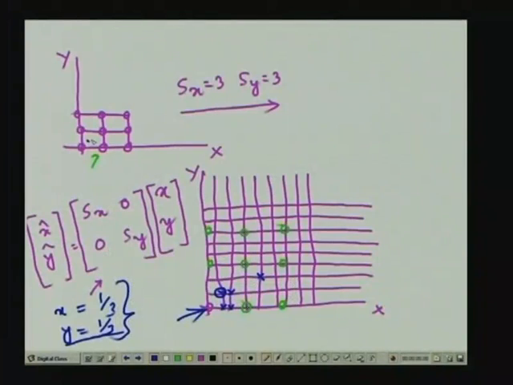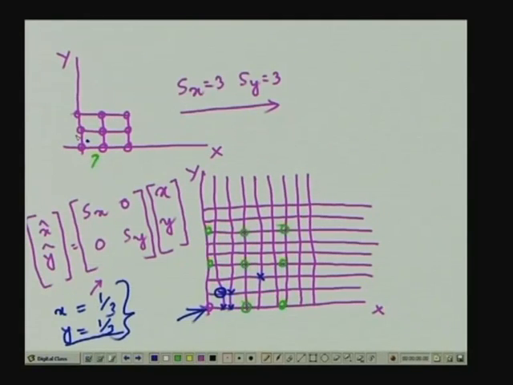So, in the process of sampling, whatever value was there at location 1 upon 3, 1 upon 3 in the continuous image, that information is lost. So, in the digital image, at this particular location 1 upon 3, 1 upon 3, I do not have any information. So, what is the way out?